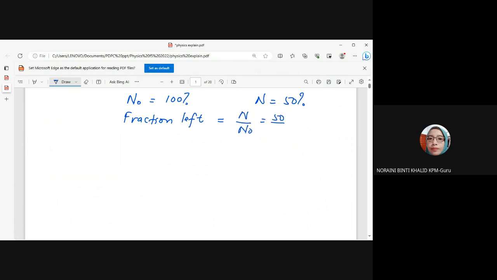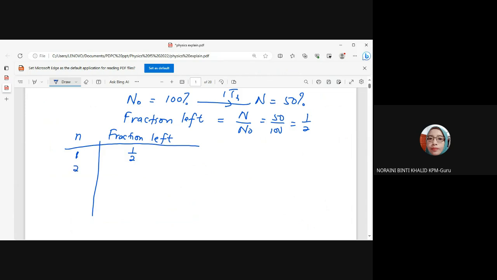Meaning 50 over 100, which is 1 over 2. So how many half-lives did this take? 1 half-life. Okay, I'll make a table. Number of half-lives n, and this is the fraction left. For 1 half-life, we have shown it is 1 over 2.